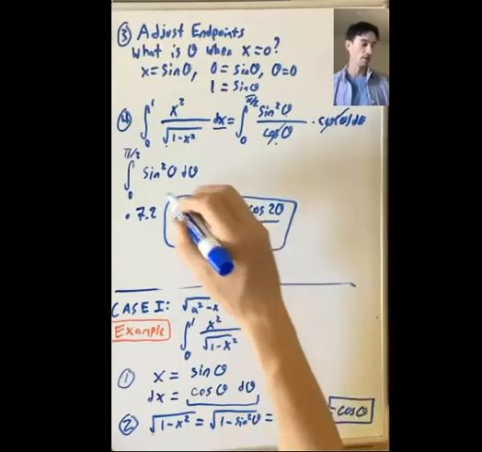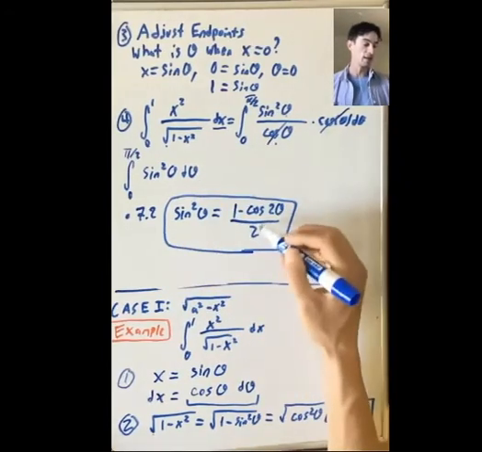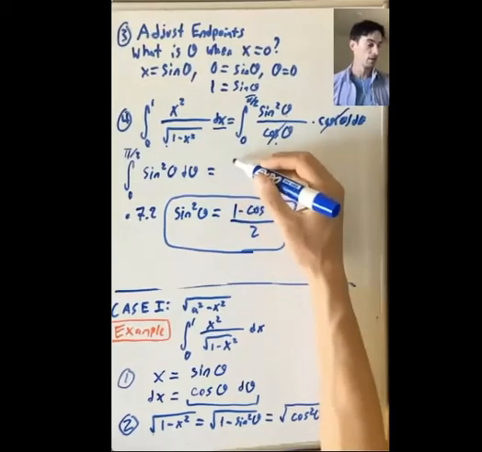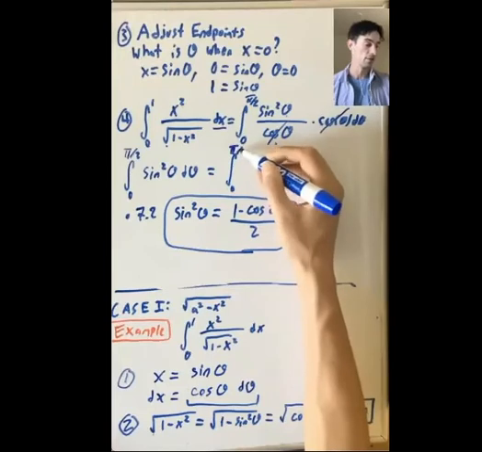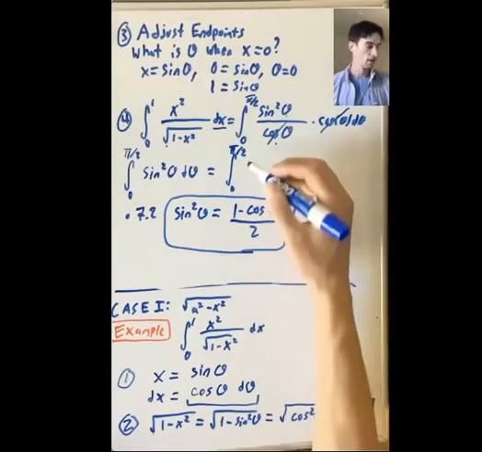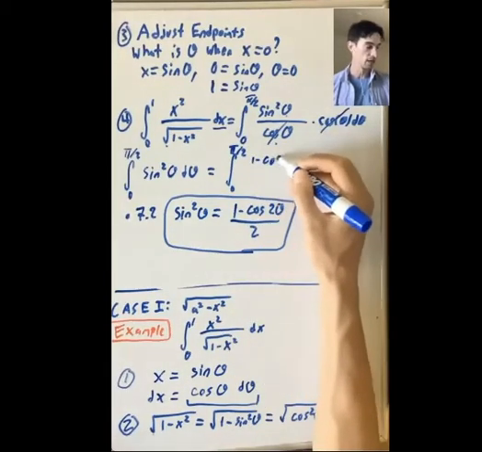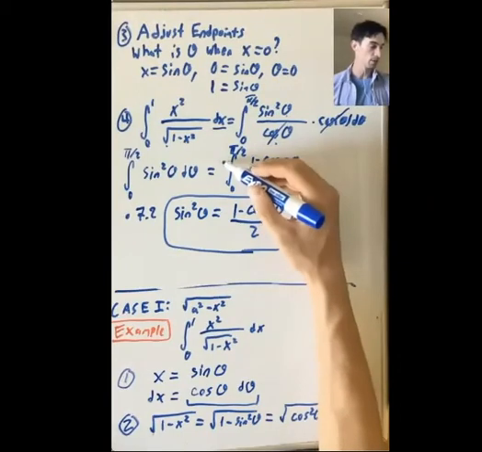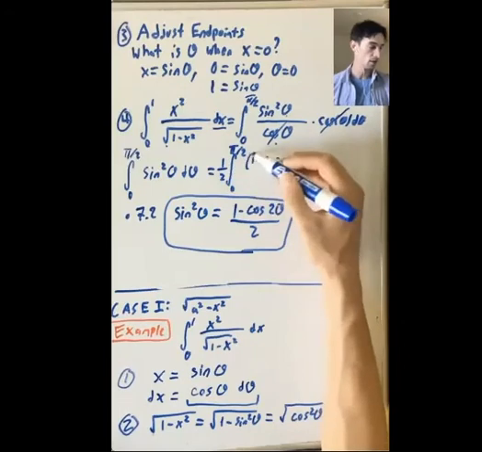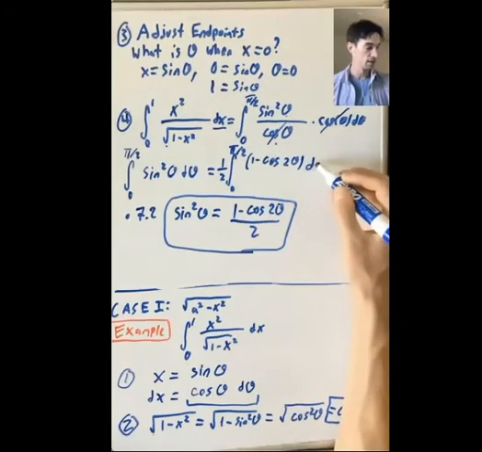So how did we compute the integral of sine squared? Not with a substitution, but with this identity. So we have the integral from 0 to pi over 2 of 1 minus cosine 2 theta over 2. But let me just pull the 1/2 out here. 1 minus cosine 2 theta d theta.